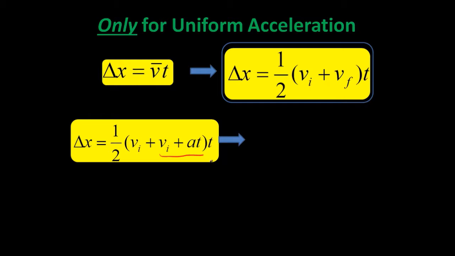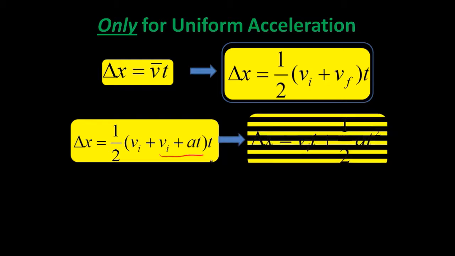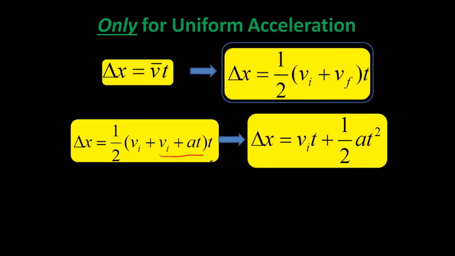And then 1/2 at times t is 1/2 at squared. And so now we have an expression relating displacement with initial velocity, time, and acceleration. And again, if we know any 3 of those, you should be able to use your algebra skills to find the 4th. Write that one down. That's an important formula.